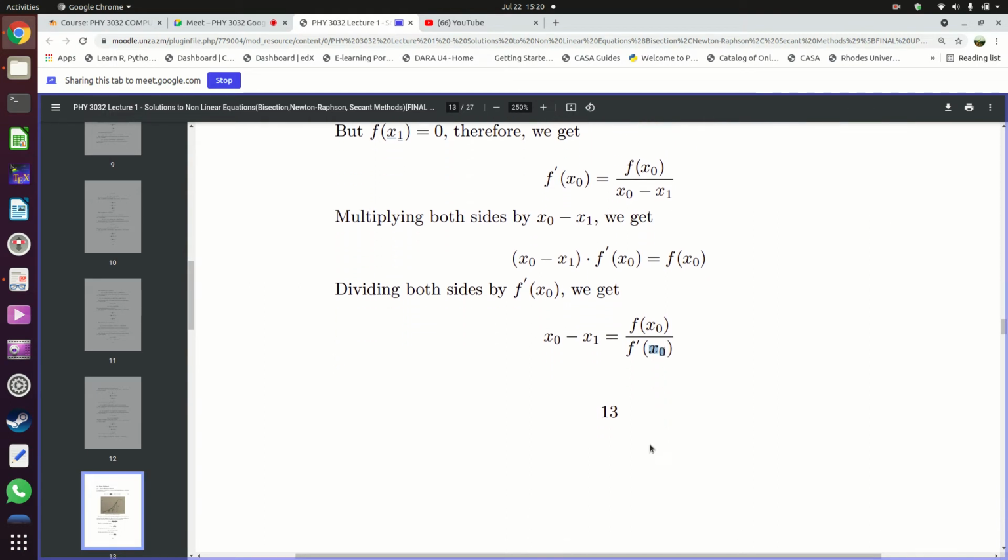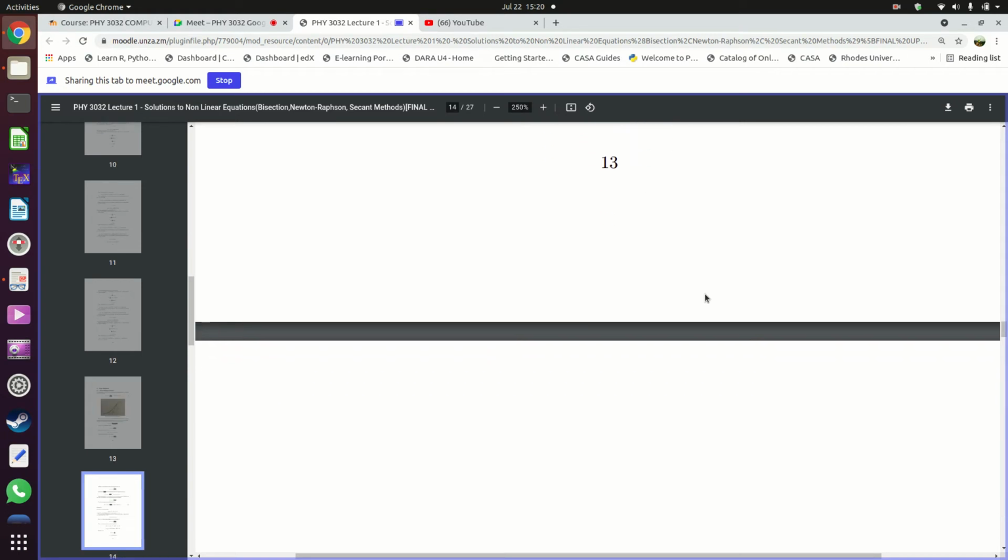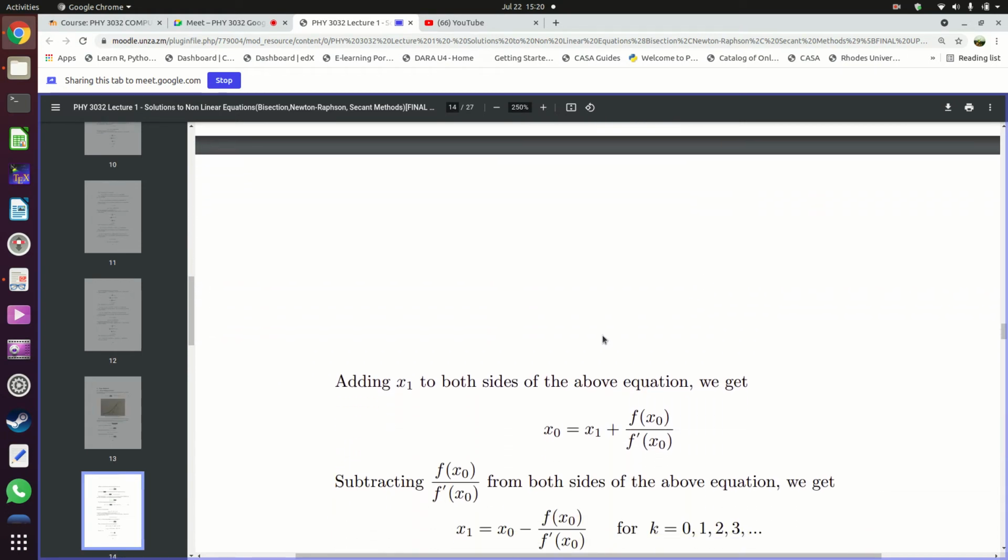After that, we are interested in getting x1. So we take this f of x naught divided by the derivative to the other side, and then this other thing to the other side. When we do that, we end up with the following.